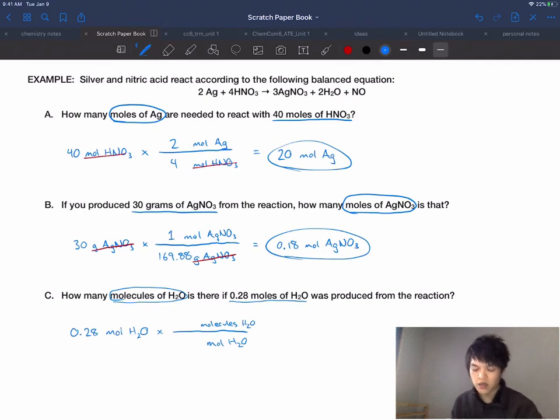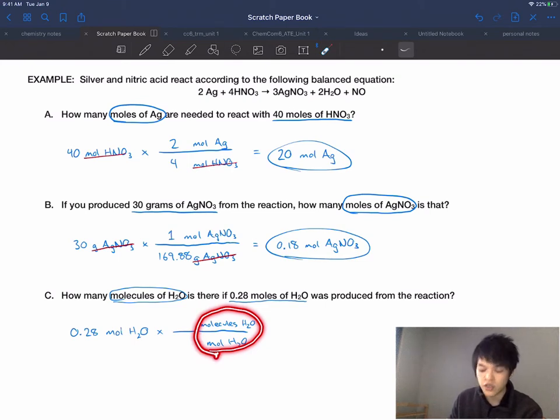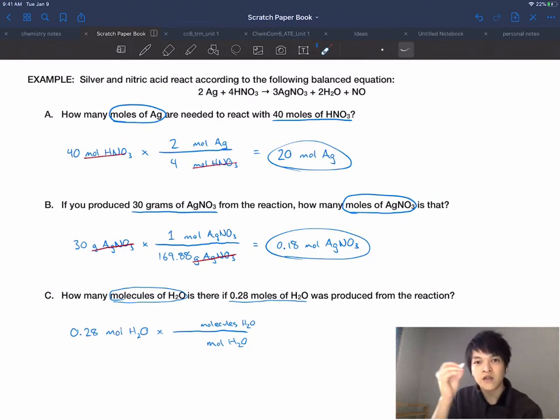All right. Now, what we have here is moles and molecules. So moles and particle. If you have moles and a particle, according to the flowchart, this relates to the conversion factor involving Avogadro's number. All right, and Avogadro's number is huge. In fact, it's kind of big to write.